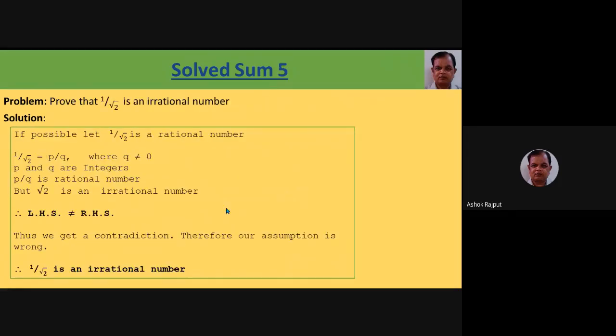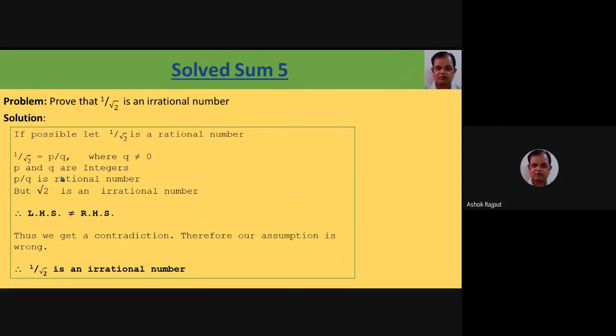Solve. Prove that 1 by root 2 is an irrational number. It is the same question as we have done before. If possible, we can let 1 by root 2 be a rational number. A rational number can always be written in the p by q form, where q is not equal to 0. So we write 1 by under root 2 equals p by q.